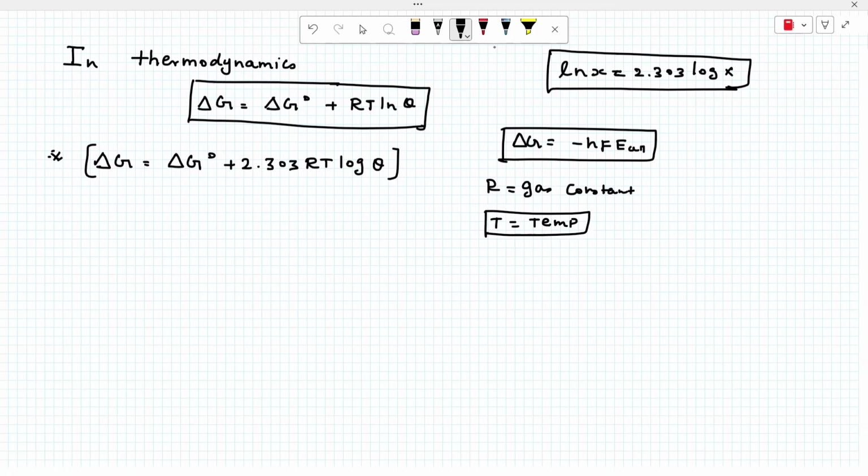Now we have to substitute the delta G value in this equation. Delta G is equal to minus NF E cell.